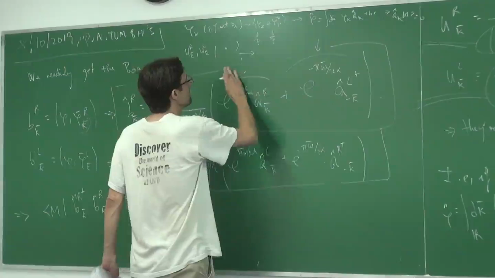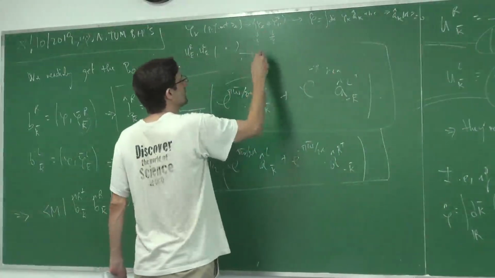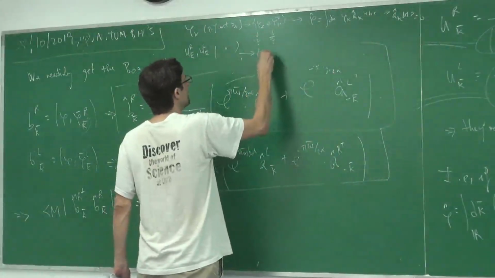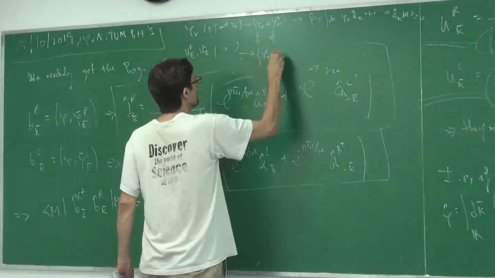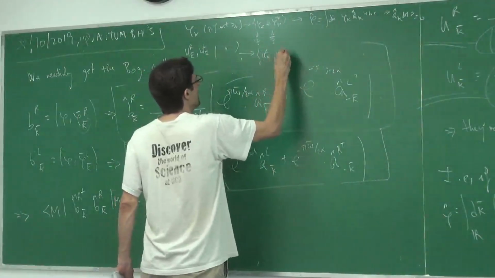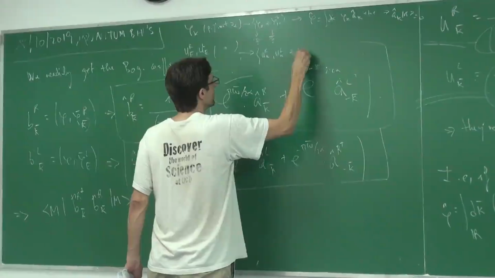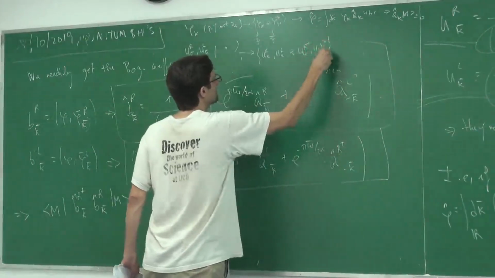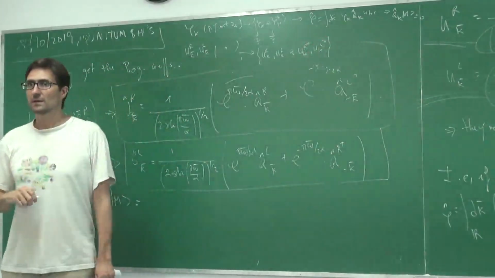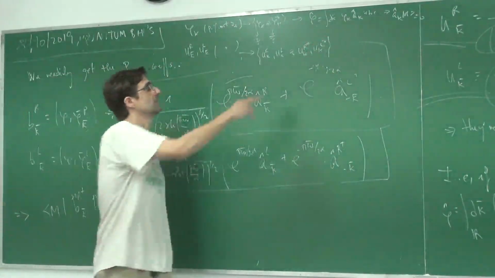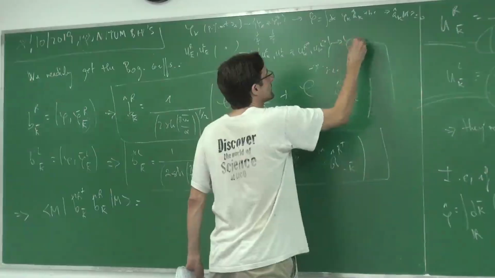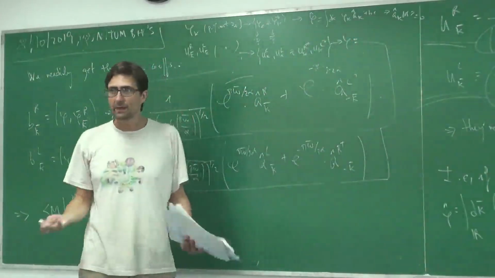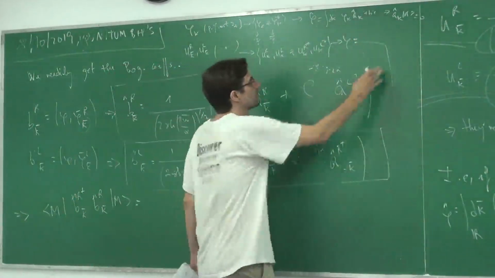So I've got u_k^R, u_k^L, and their complex conjugates, a complete set of arbitrary solutions of the homogeneous Klein-Gordon equation.